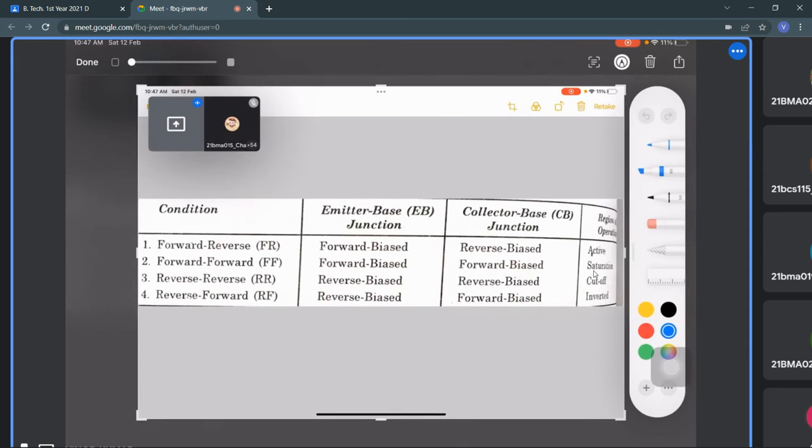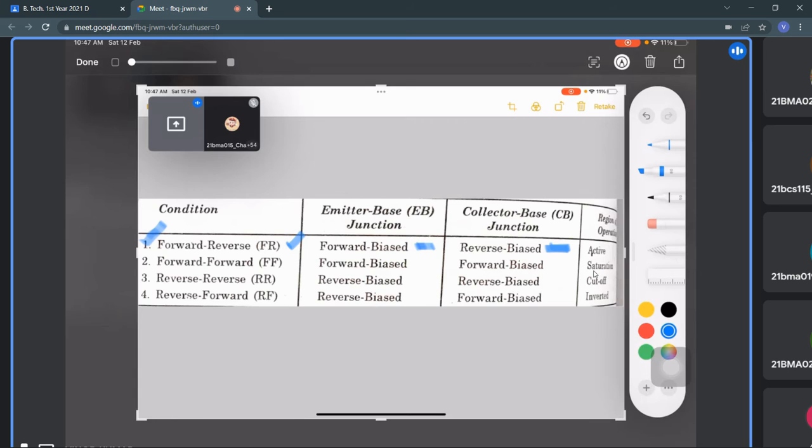So you see here, we have this one junction is forward bias, and this another one is a reverse bias. This is one of the most prominent forward reverse condition जिसके बारे में अभी डिस्कस किया हमने.